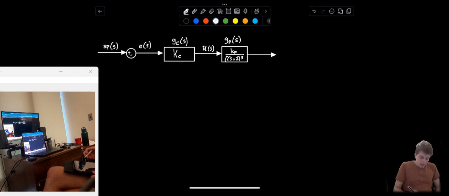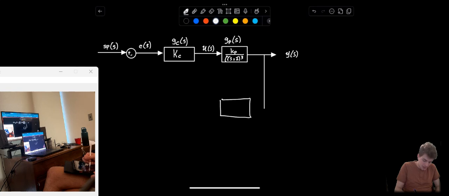And so we can call this our input term, US, or process input that's already been modulated by control. So then what's going to come out is going to be our output. So this will be YS. However, we are going to need to send some sort of signal back.